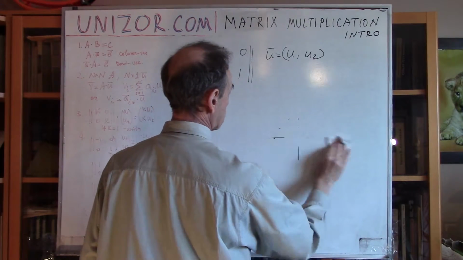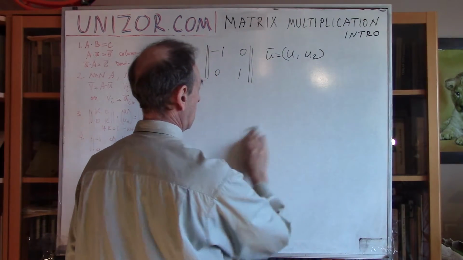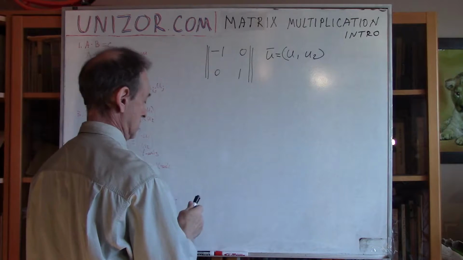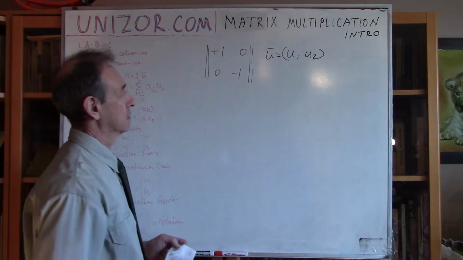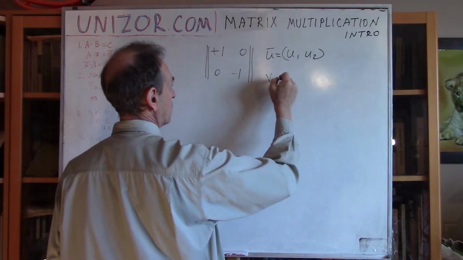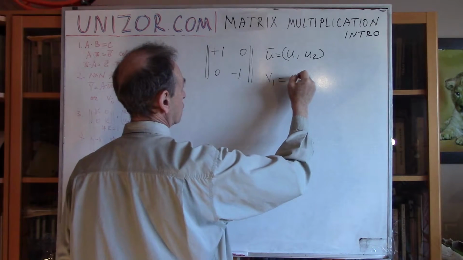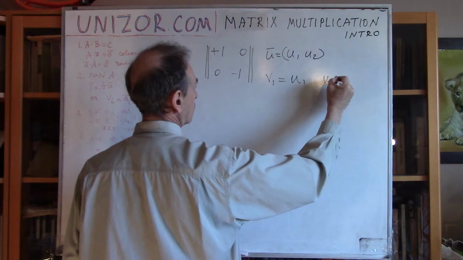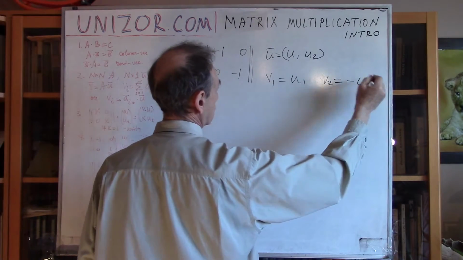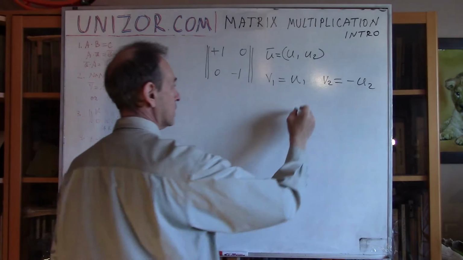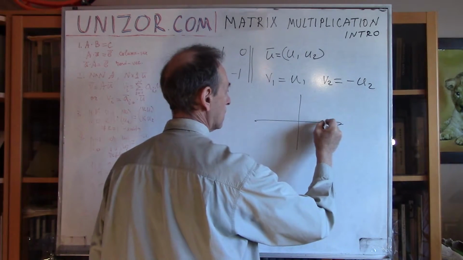As I'm sure you will be very comfortable with, now this would be plus, this would be minus. Then v1 would be equal to u1, and v2 would be equal to minus u2. So what is this?